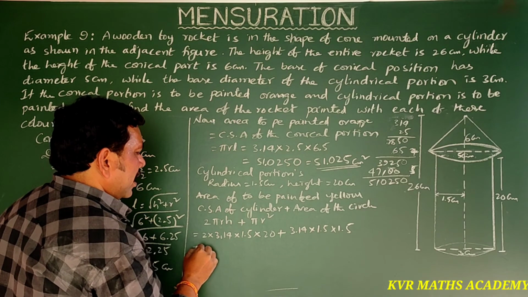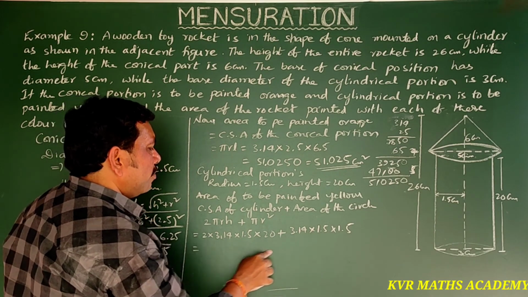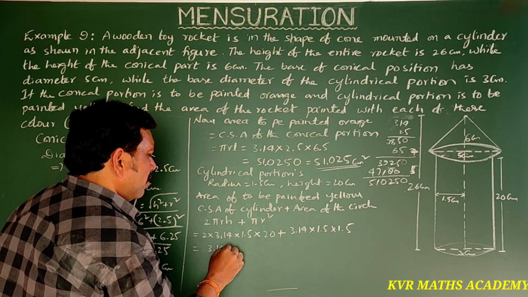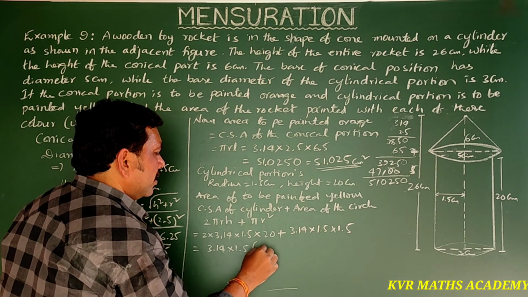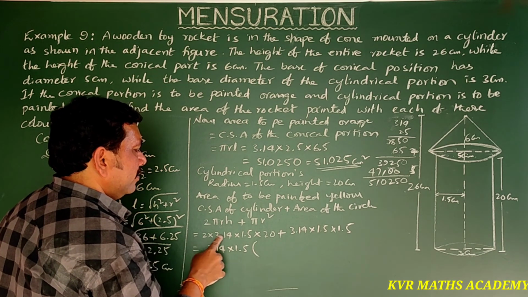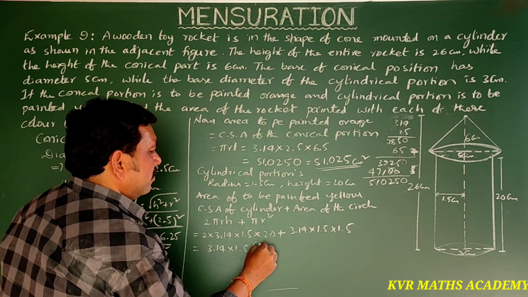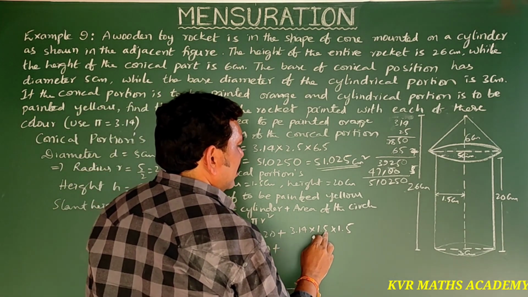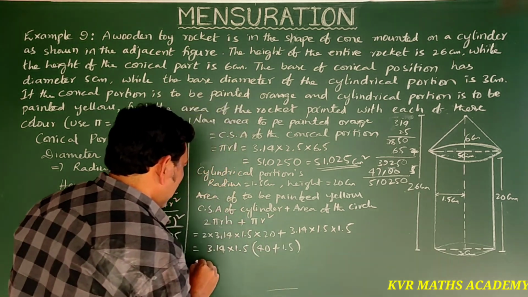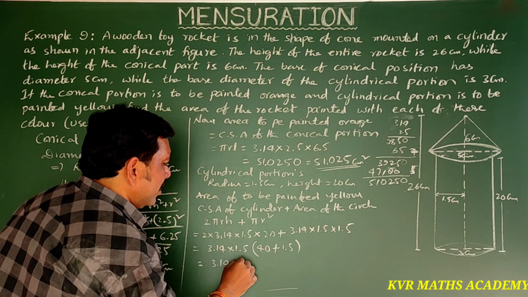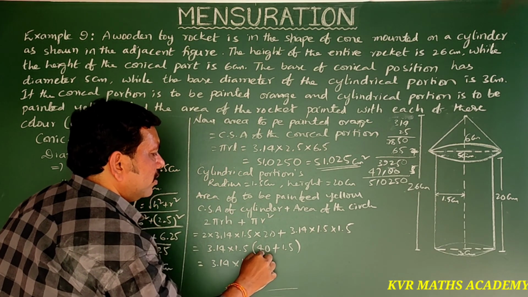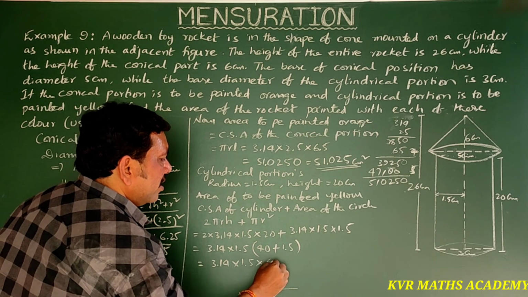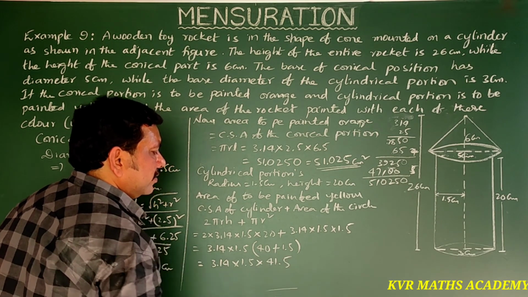So what is common? 3.14 into 1.5 is common. The remaining, 2 into 20 is 40, plus 1.5. So that is 3.14 into 1.5 into 41.5.